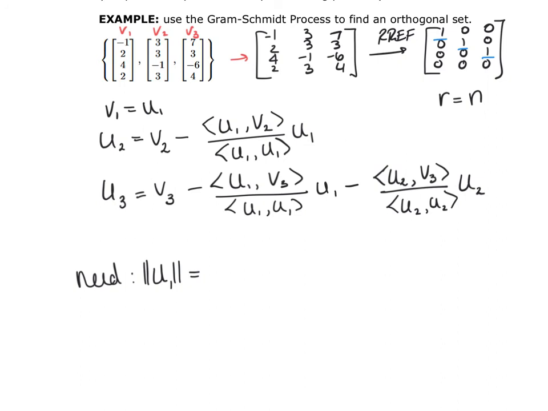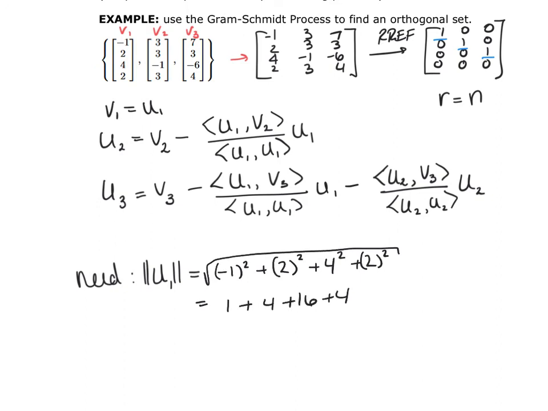U1 is V1, so it's going to be -1 squared plus 2 squared plus 4 squared plus 2 squared, and it's all underneath this square root. And so this is going to give me 1 plus 4 plus 16 plus 4. This is going to give me the square root of 25, or just 5.